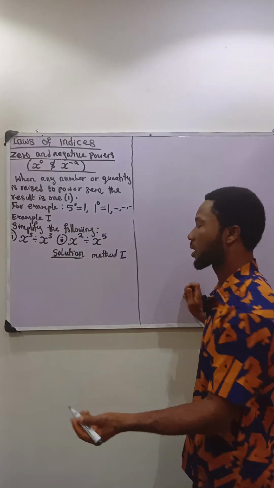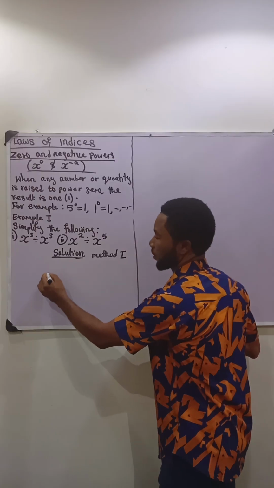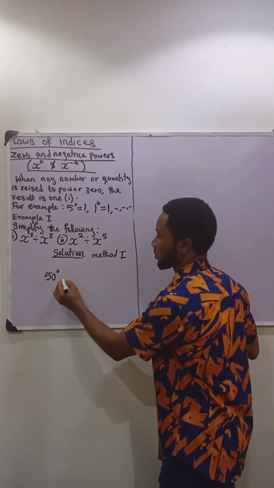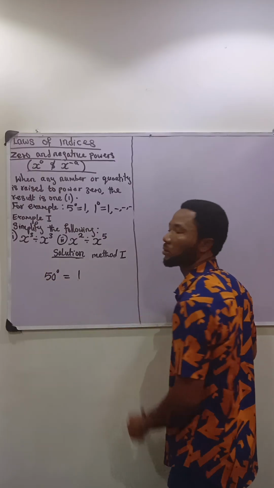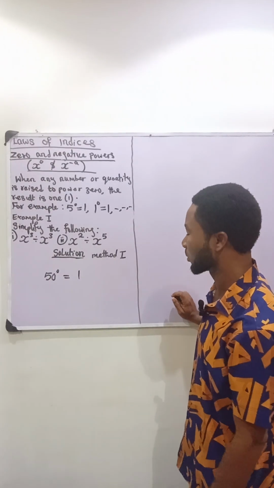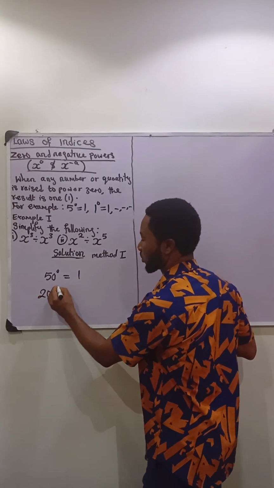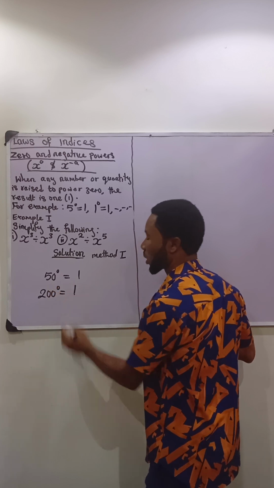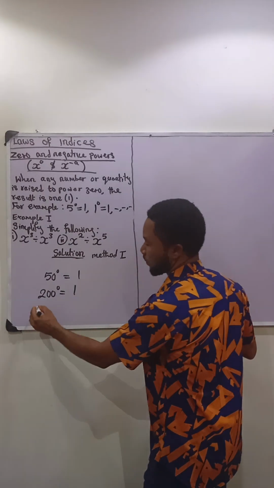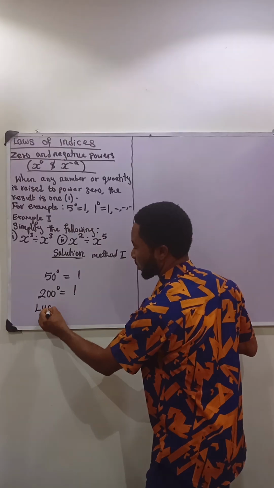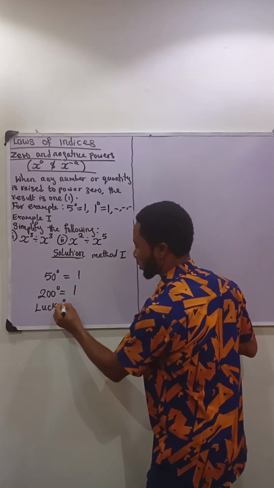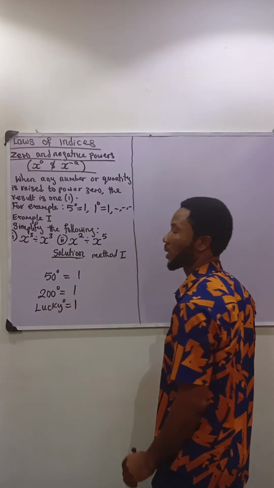For example, 50 raised to the power of 0, the answer is 1. Okay? 200 raised to the power of 0, the answer is 1. Lucky raised to the power of 0 is 1. Anything raised to the power of 0 is what? 1.